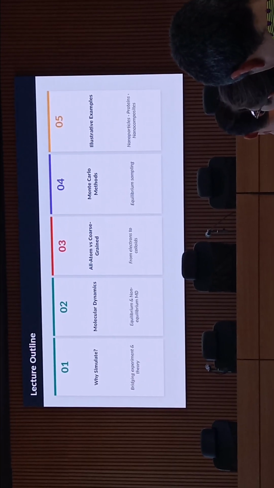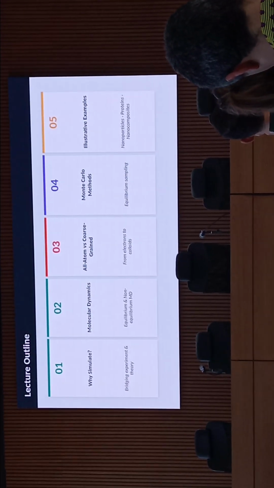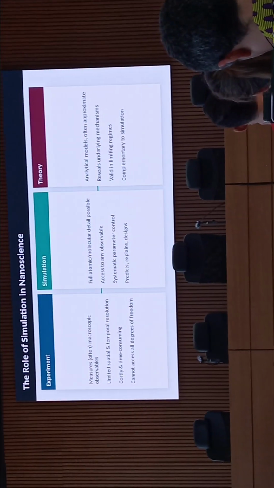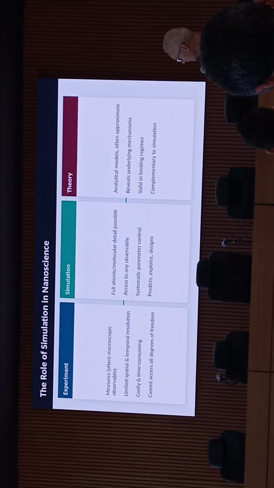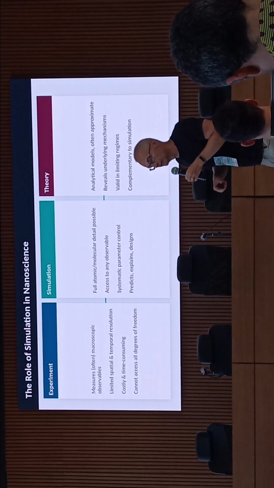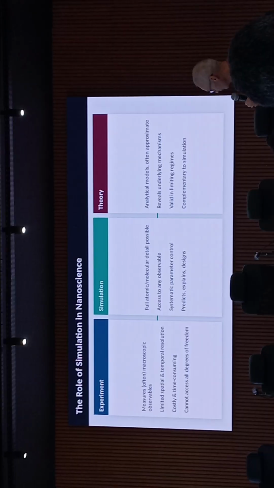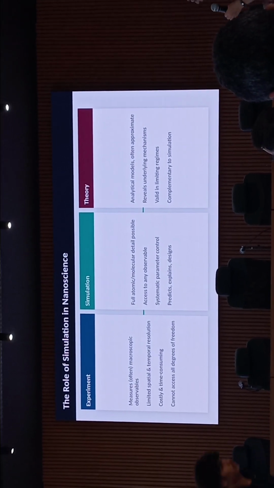And in the course I try to give a few illustrative examples on these methods. So why simulate? As I said, I want to bridge experiment and simulation. In experiment, you're often hampered by resolution. You can measure very often only macroscopic observables.